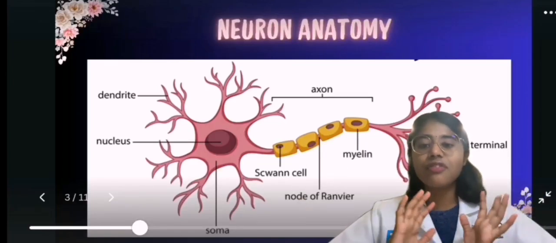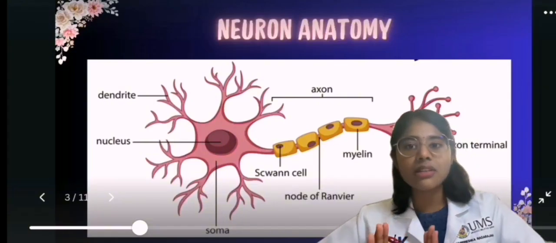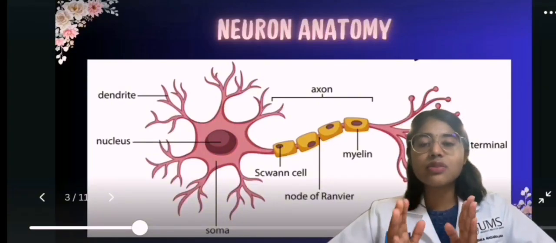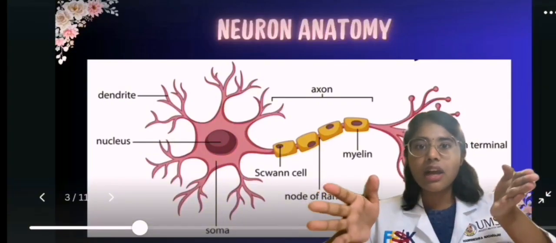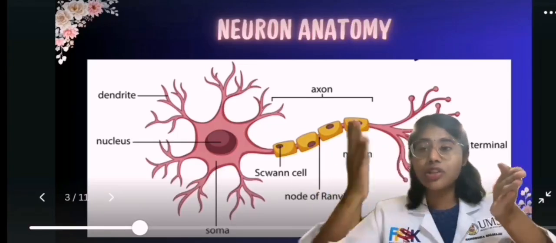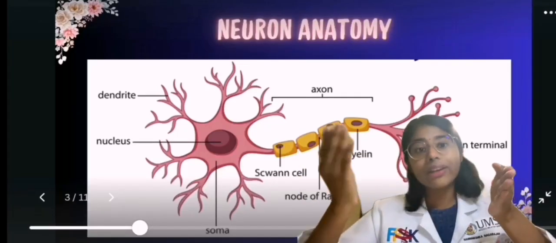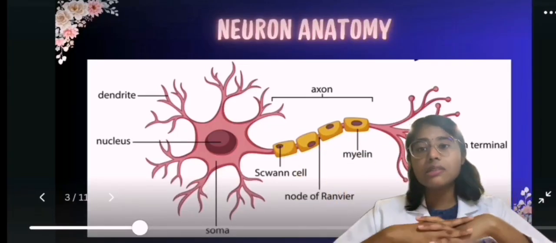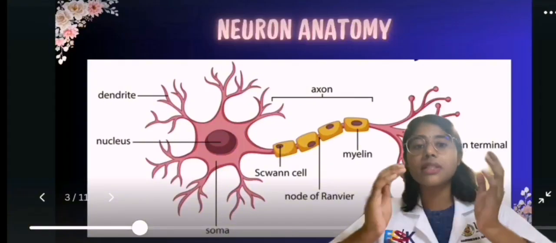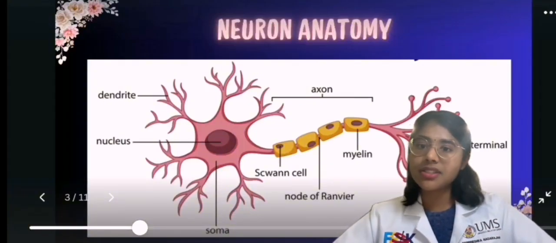At the end of the neuron, we have axon terminals that connect one neuron to another neuron, muscle, or gland, transmitting signals through chemical messengers called neurotransmitters.